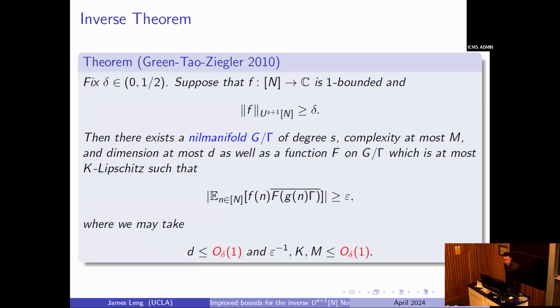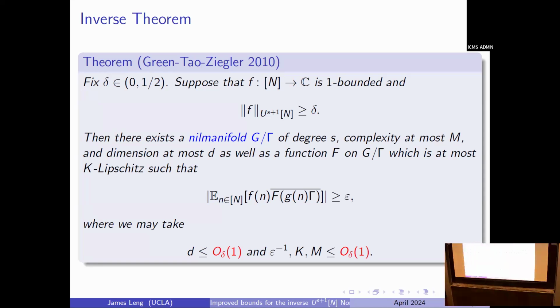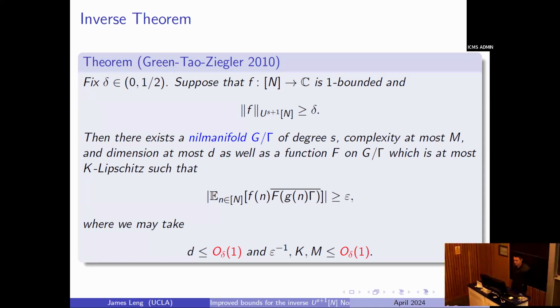The result is qualitative. They don't give these parameters like m, d, and epsilon, k. It is very weak information on quantitative dependence.